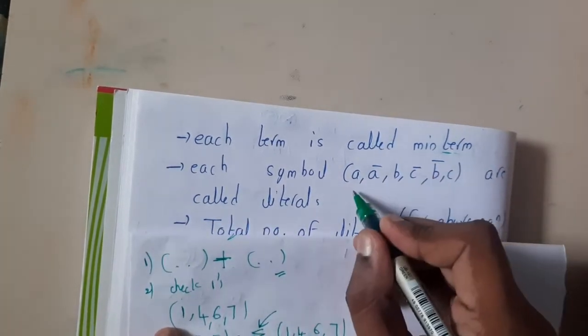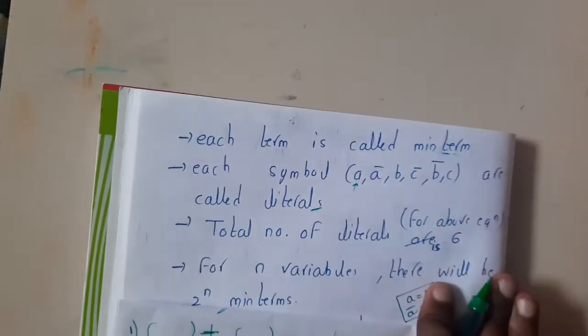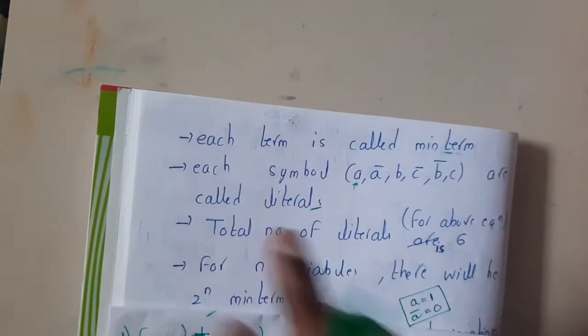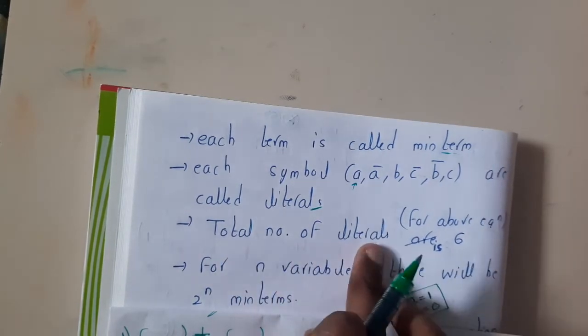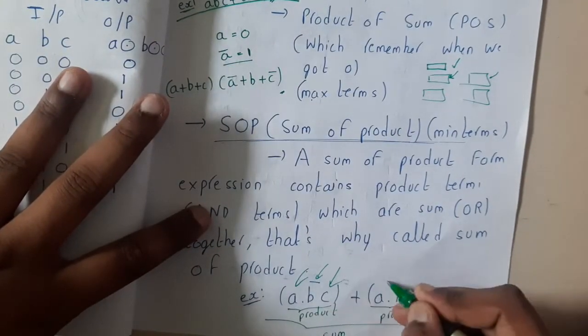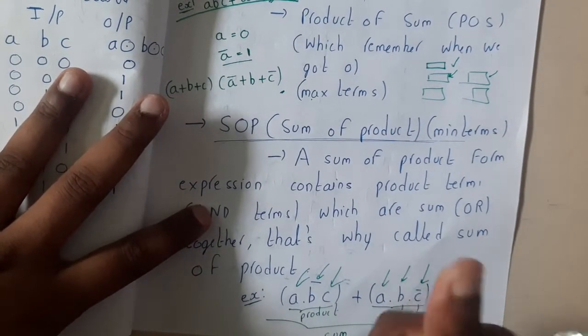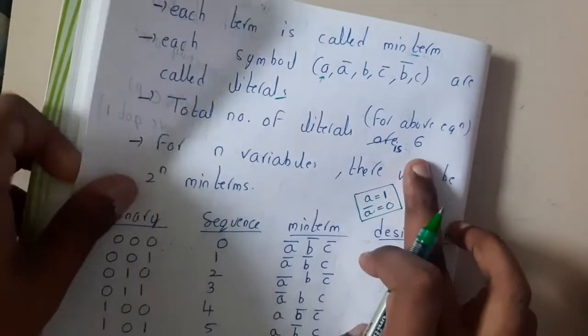Each of them is called a literal, guys. In a simple expression, sometimes the question might ask for the total number of literals. If you observe carefully here, this is 1, 2, 3, 4, 5, and 6. So a total of 6 literals are there in the previous example, and that's what I have written here, 6.